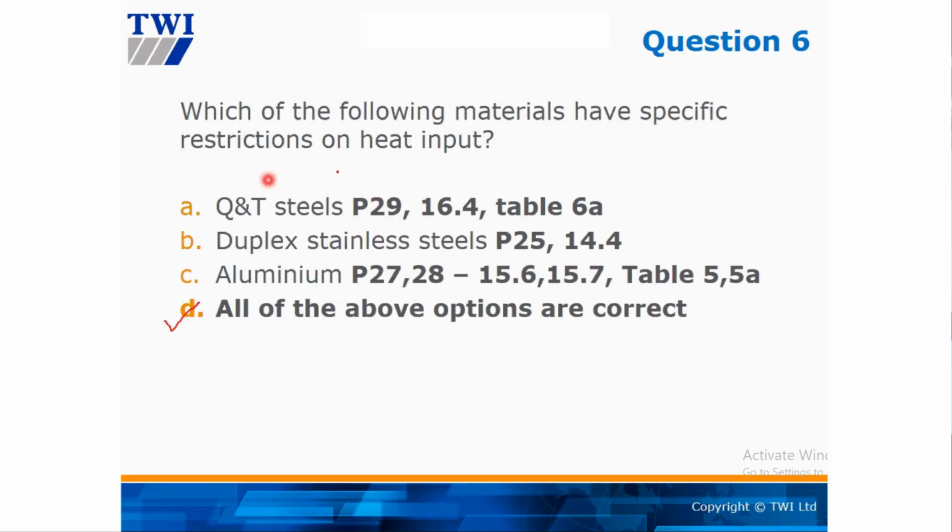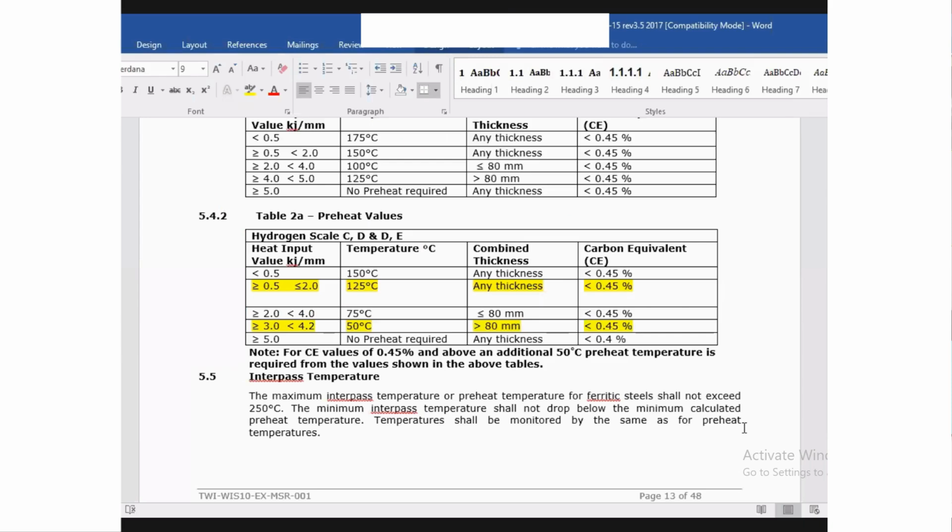They said here specific restriction means it must have minimum and maximum. All right, which of the four materials has minimum and maximum heat input? All right, we check one by one.